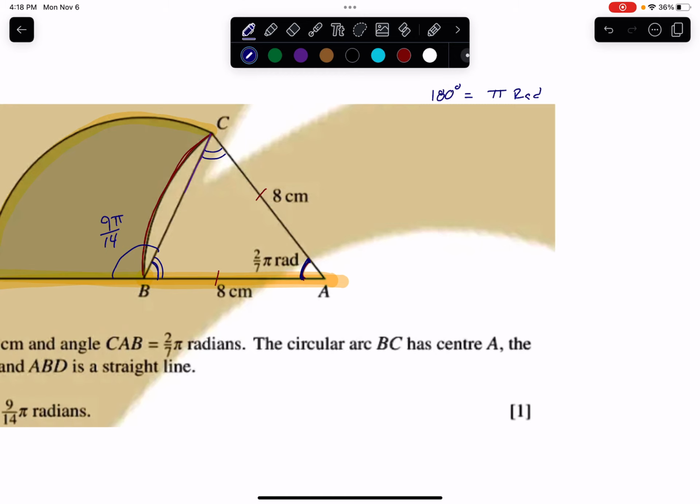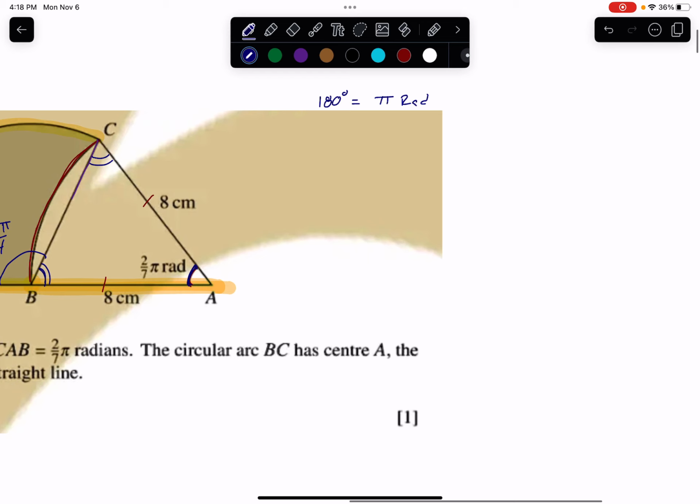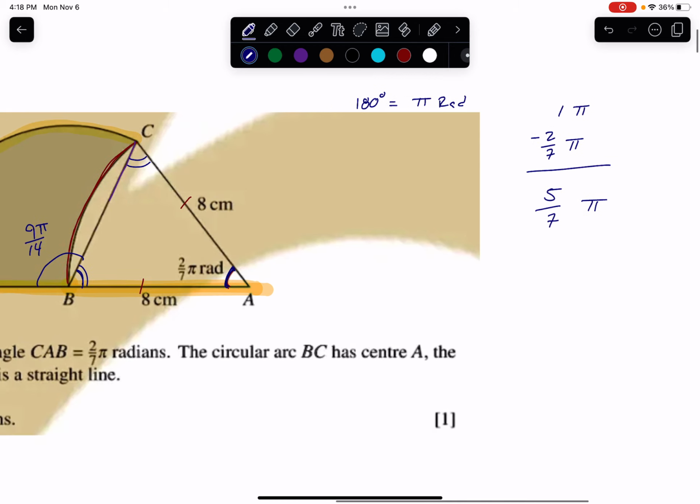So 1 pi minus 2/7 pi would equal 5/7 pi. So I have that much, 5/7 pi radians, to split between these two angles.